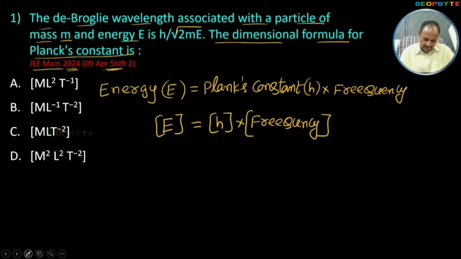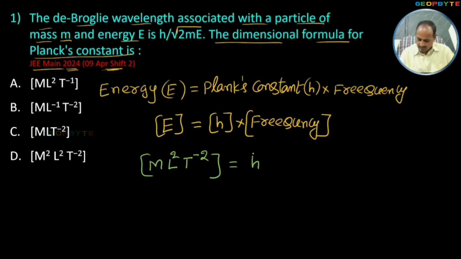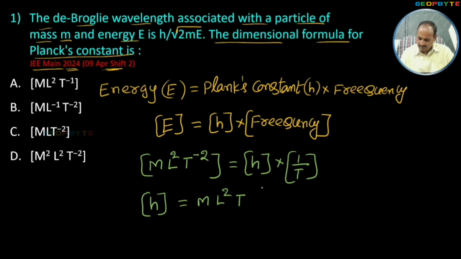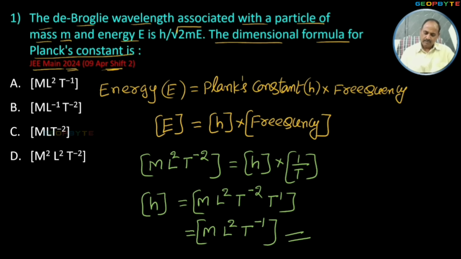The energy dimensional formula is M L square T power minus 2. The frequency dimensional formula is 1 by T. From this, the dimensional formula for h equals M L square T power minus 2 into T power 1. Simplify this to get M L square T power minus 1. This is the dimensional formula for the Planck's constant.